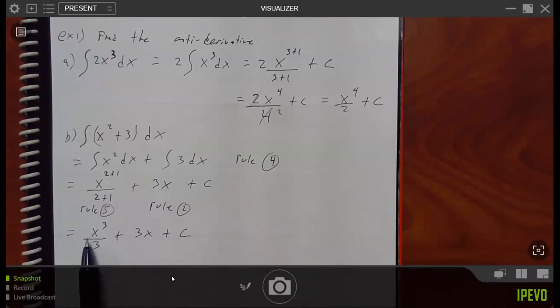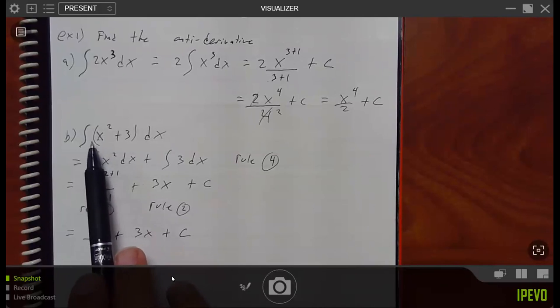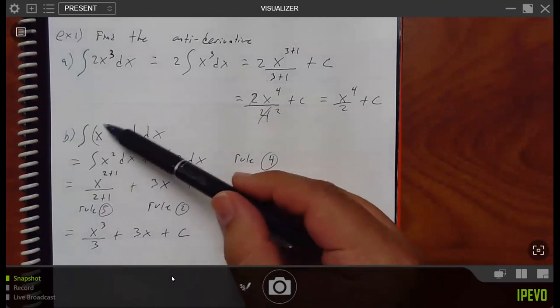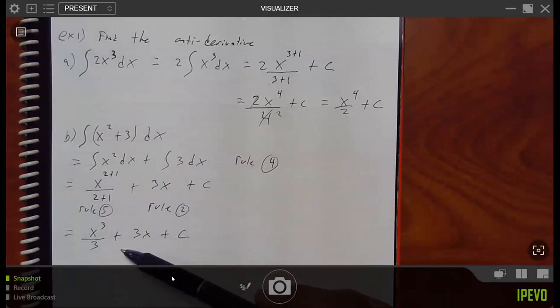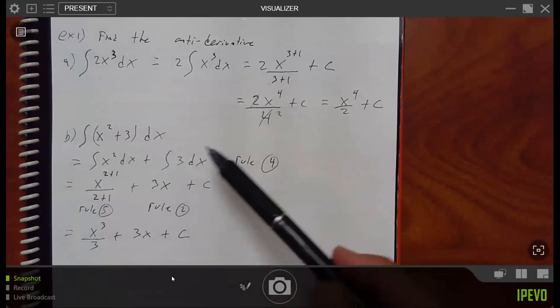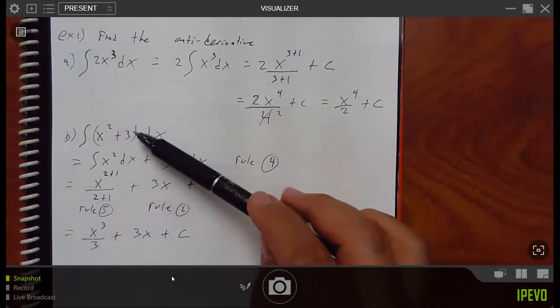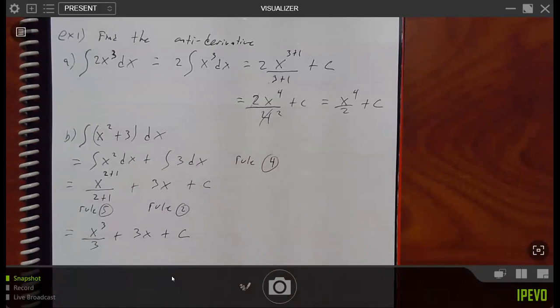The derivative of x cubed over 3 is going to be x squared. So the derivative of this will be the original. The antiderivative gives me this guy, so it's one way to check your work. You can take the derivative of your answer and see if it is the original. Yeah, good. And of course, the derivative of the constant would be 0, so who cares?